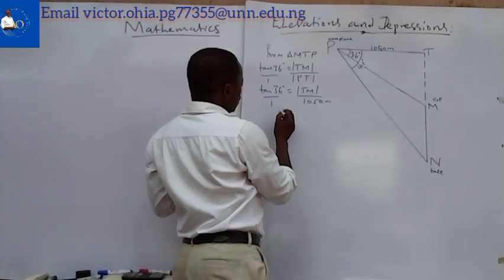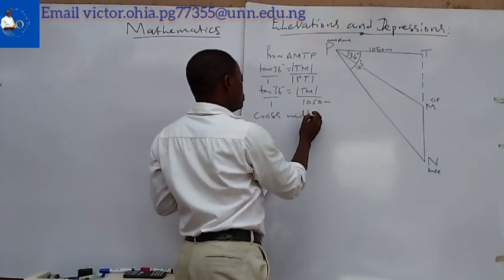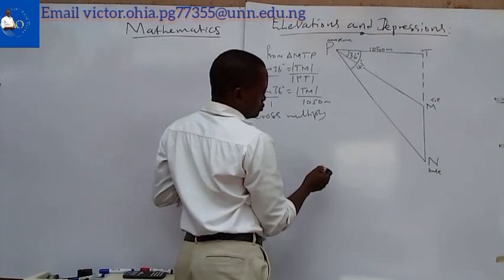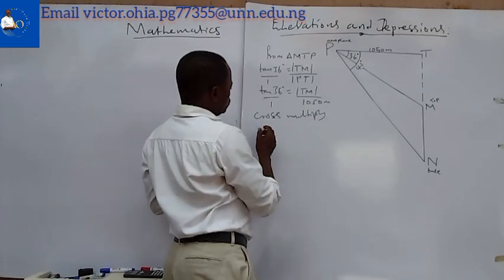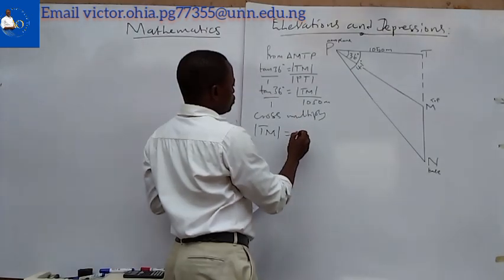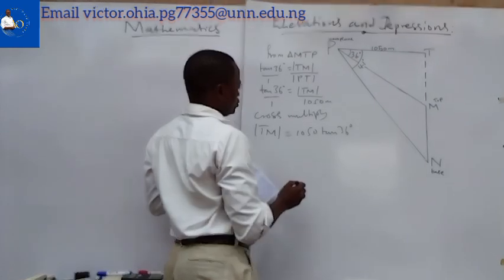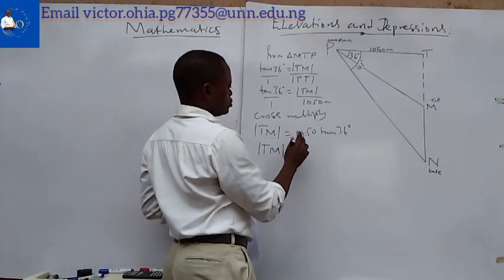So do you realize that if I cross multiply, I'm going to have TM equals 1050 tan 36 degrees.